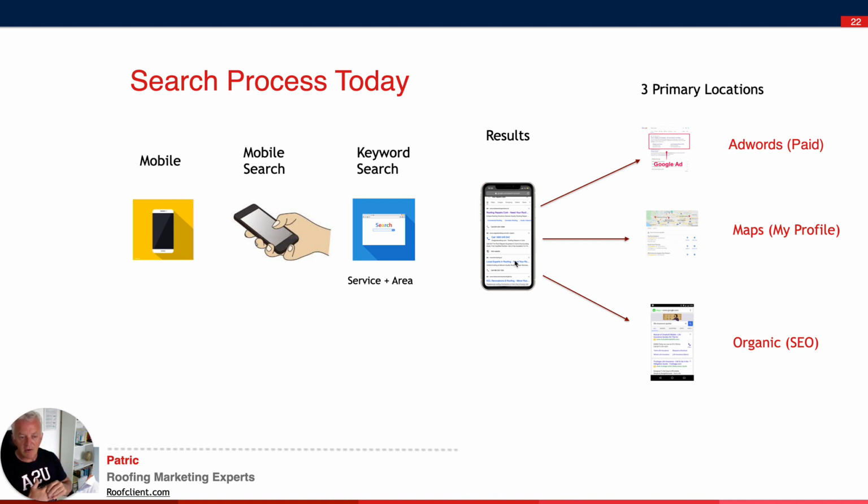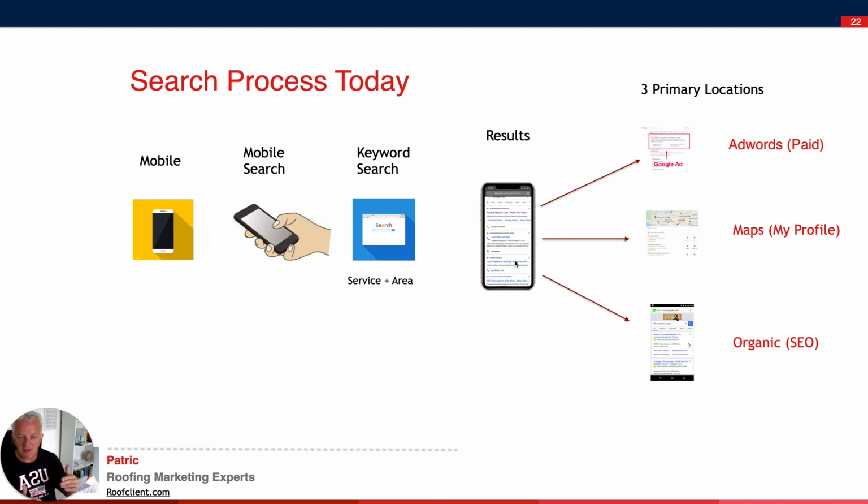The second area is Google Maps, or your Google My Business Profile. This is basically underneath the ads, usually with the picture of the local map, and then you have the yellow stars with the listing. It gives you 3 options here, and the most local or best optimized roofing contractors closest to the address for which you're searching will be listed here.